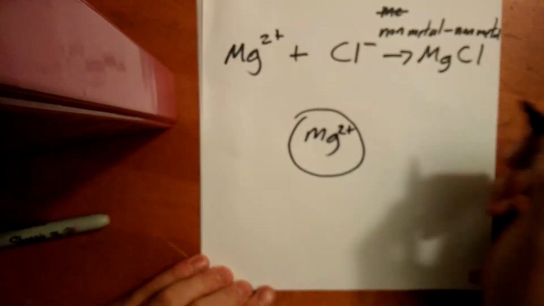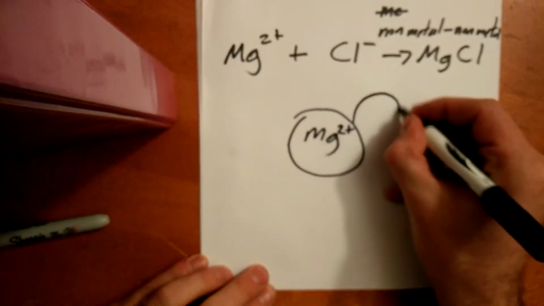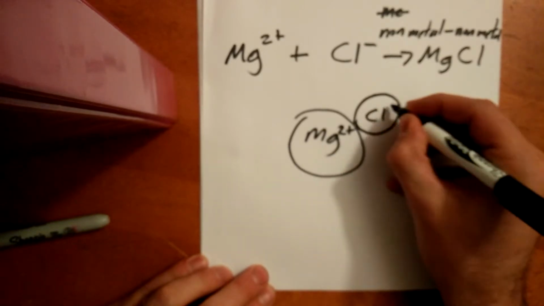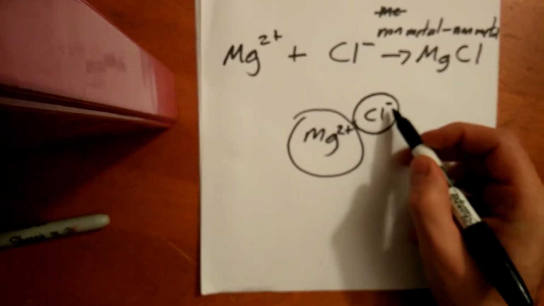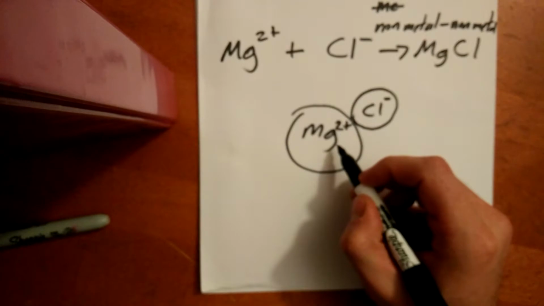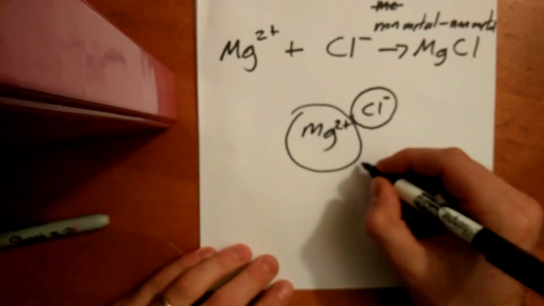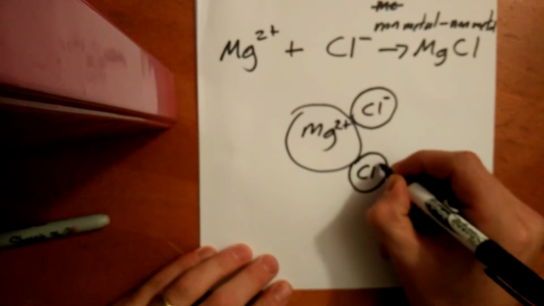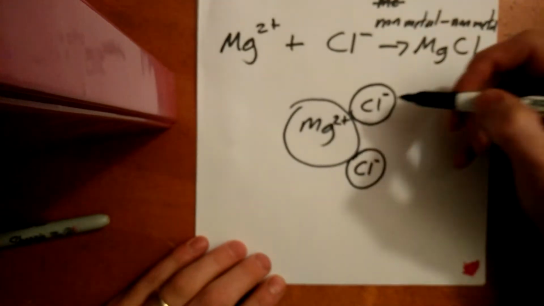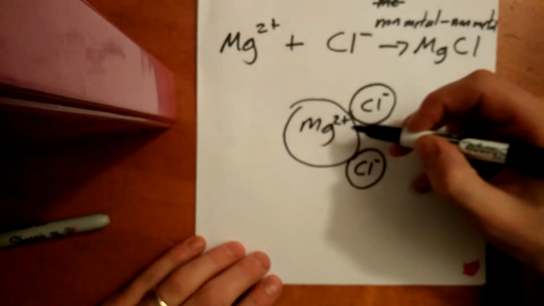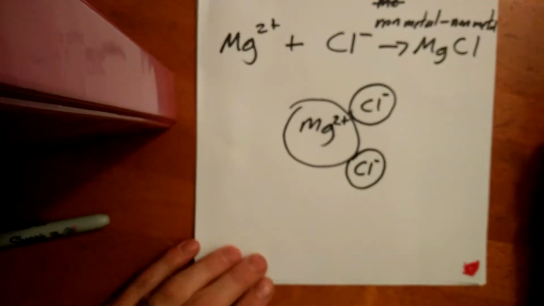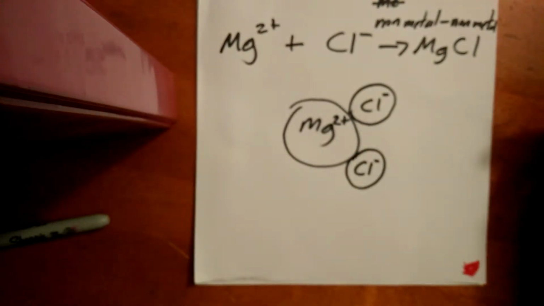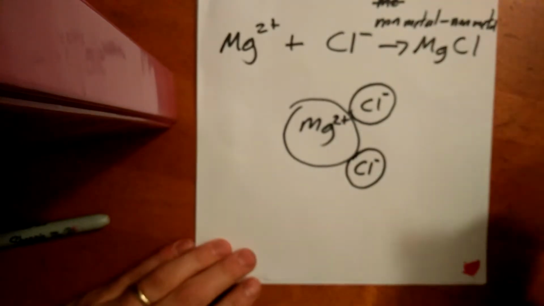So to do that, it needs to pick up a chlorine. So now we have one negative charge, two positive charges. Still not quite neutral, so he's going to pick up one more chlorine. And there we go. We have in total two negative charges, two positive charges. So that's going to make a neutral charge. And that's the end game goal.